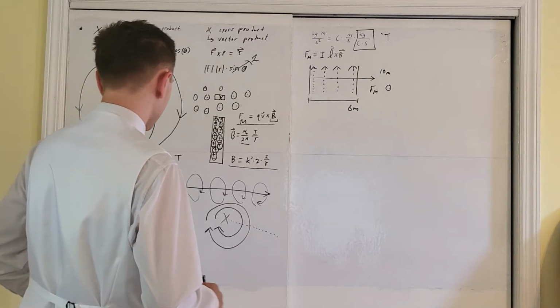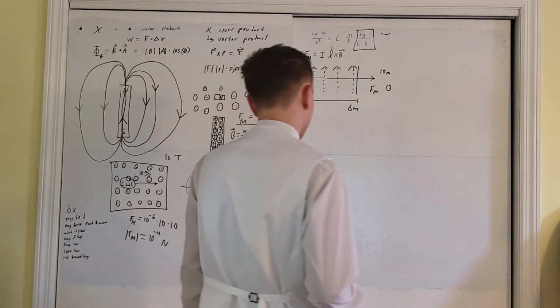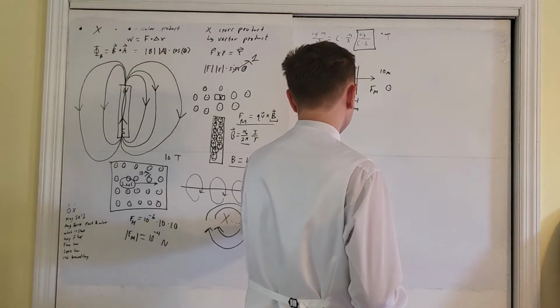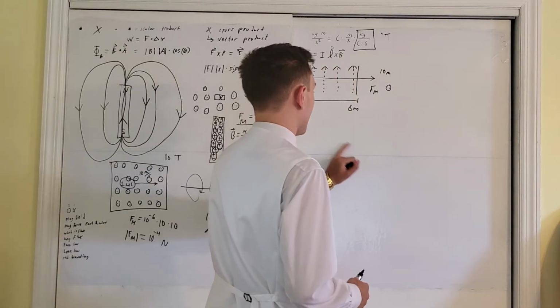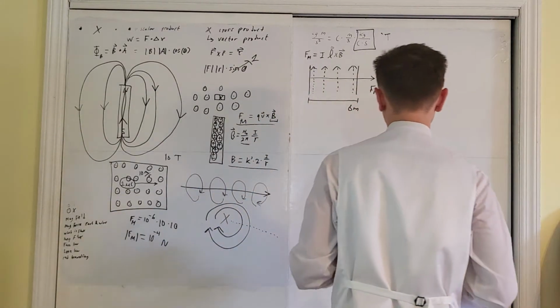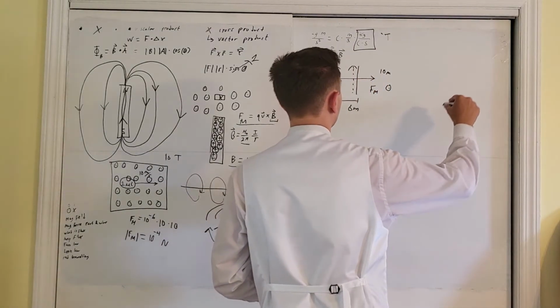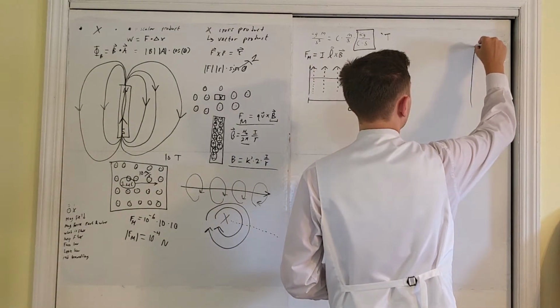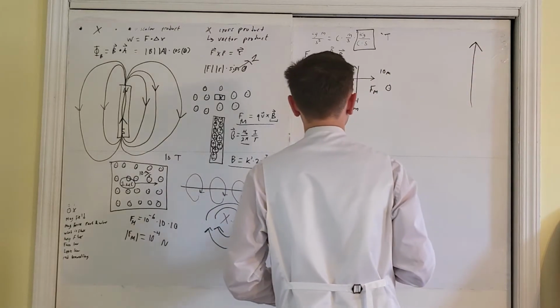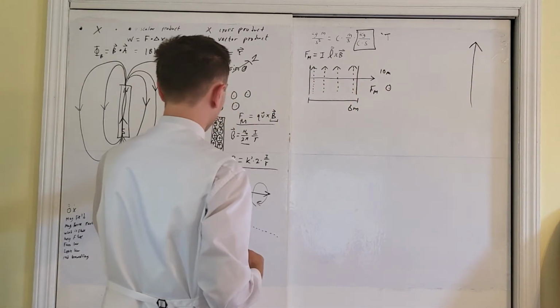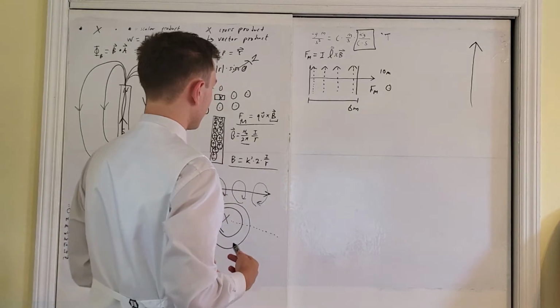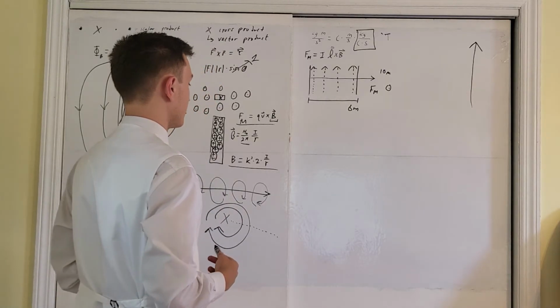Okay. So moving on from there, let's try and understand how two wires might act on each other. Okay? First of all, I might have a wire like this, and that wire is, according to this equation, going to generate a magnetic field around it.